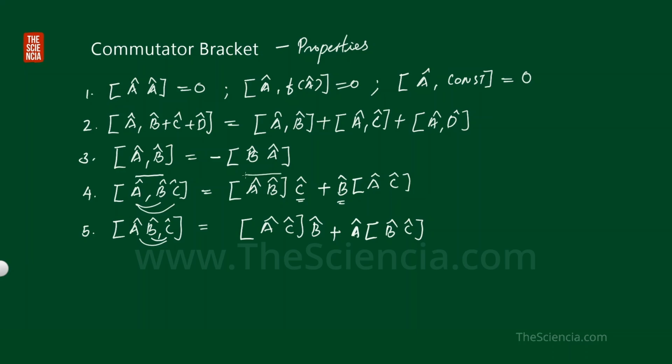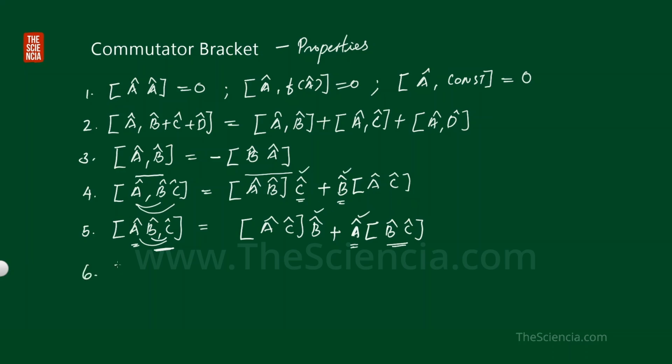So in the same way we wrote here: first we took the commutator bracket of AB, then we placed the C. And for the next time you have to interchange the positions. And for this case, here the combination is B and C. For commutator bracket BC, the position of A is on the left hand side. Right. So for the other case you have to interchange the position. That is, here it is first, here it is last.